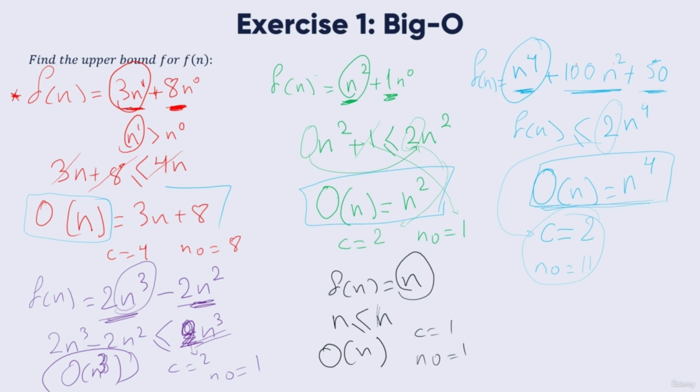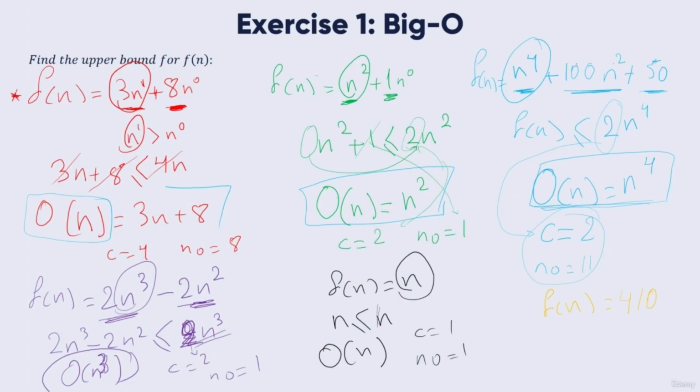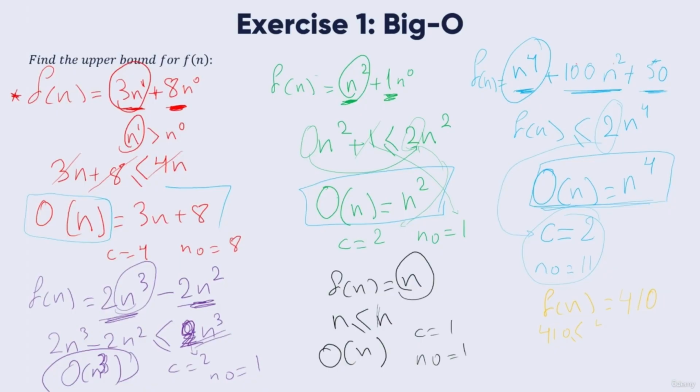Let's choose another example. f of n equal to 410. 410 is less than or equal to 410. Okay, it's very simple.